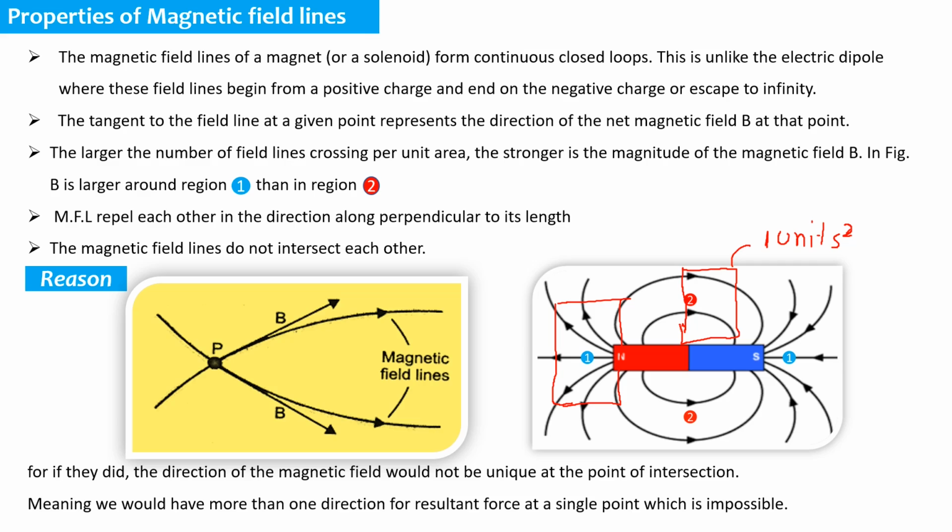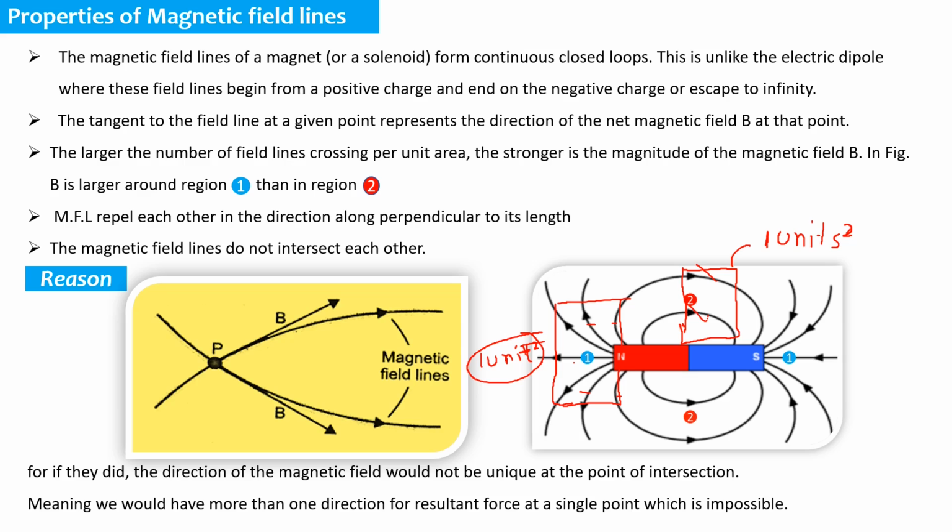This is also 1 unit square. If you count the lines, 1, 2, 3, 4, 5, 6, 7, 7 lines are passing through this area of 1 unit square, while in the similar area placed here, only 2 lines are passing through it.